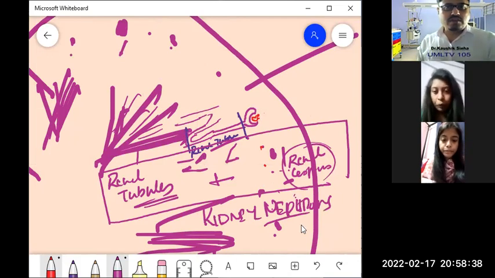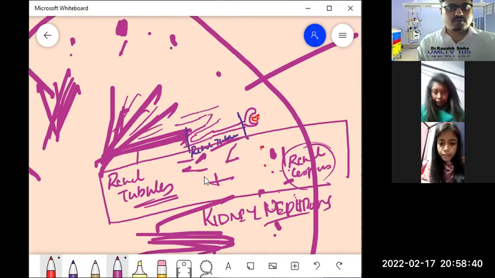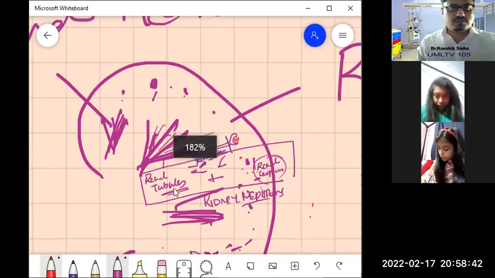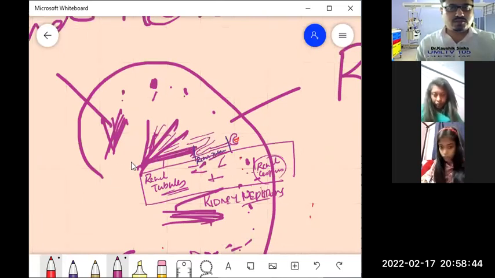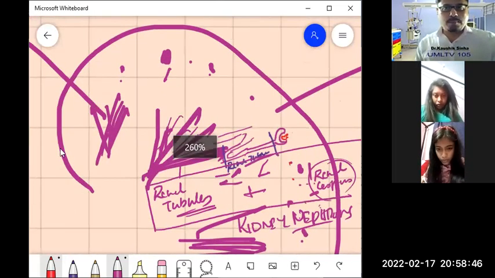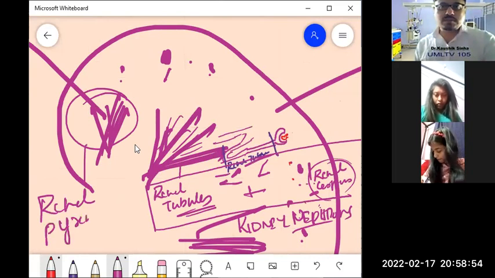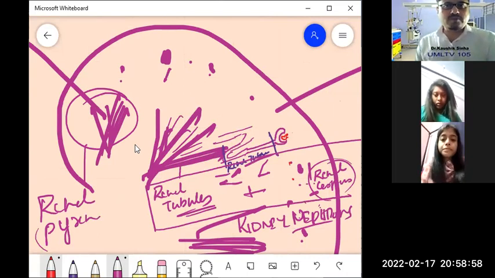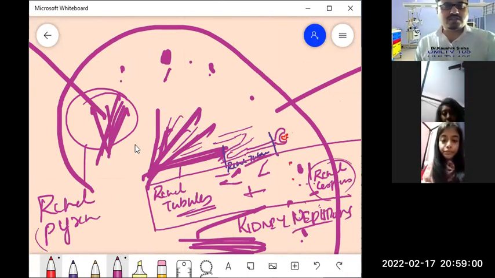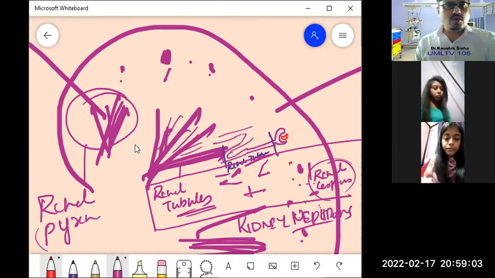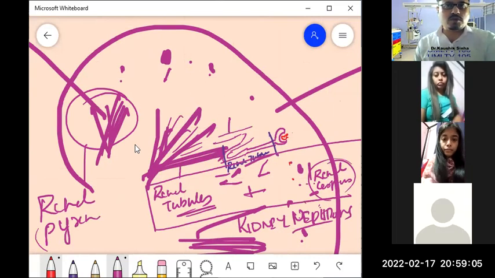As I said, in a few areas in between these projections, this macroscopic appearance is known as renal pyramids, because it looks like pyramids. But these renal pyramids themselves are made up of multiple lines, and each line is the contribution of either the renal tubules, or in some areas it can also be of the collecting duct.